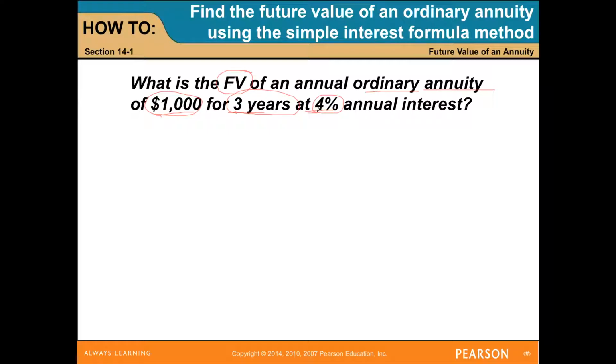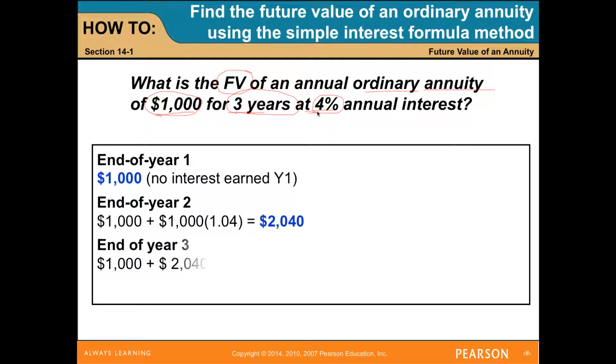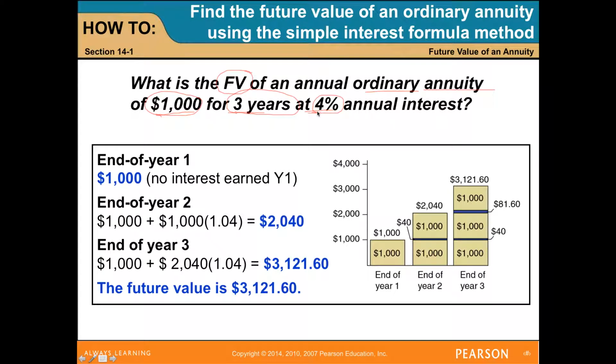So now that we've picked out the important parts of the question, the first end of year is $1,000, right? So no interest earned year 1. End of year 2, you have $1,000 plus $1,000 times the rate, and now you have $2,040.